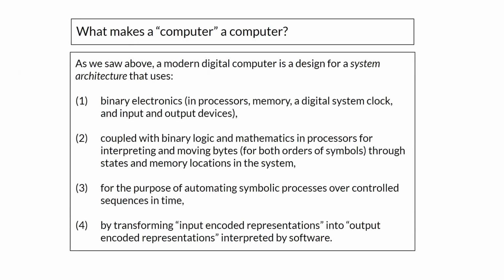As we saw above, a modern digital computer is a design for a system architecture that uses 1, binary electronics and processors, memory, system clock, input and output, 2, coupled with binary logic and mathematics in processors for interpreting and moving bytes around for both orders of symbols through states and memory locations in the system. 3, for the purpose of automating symbolic processes over controlled sequences in time by transforming input encoded representations into output encoded representations interpreted by software, all the layers and kinds of software that we use.